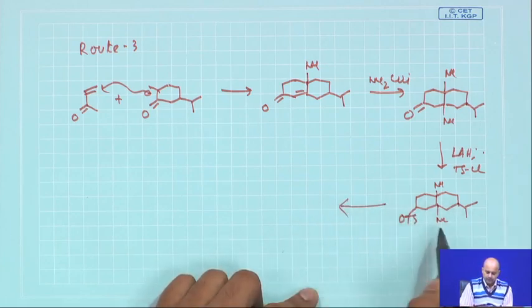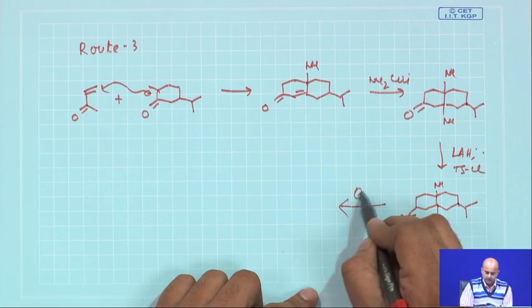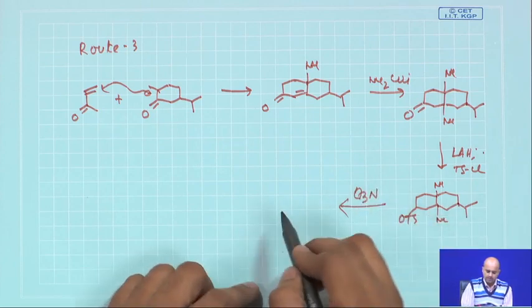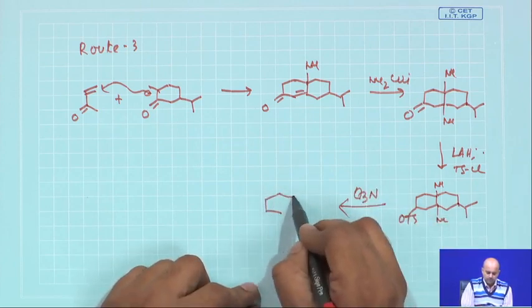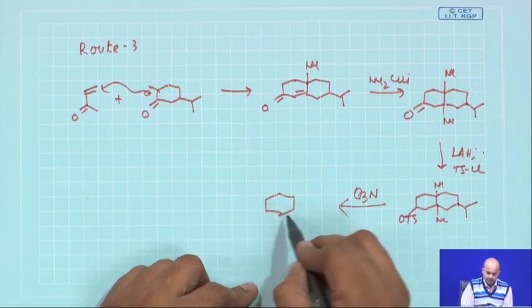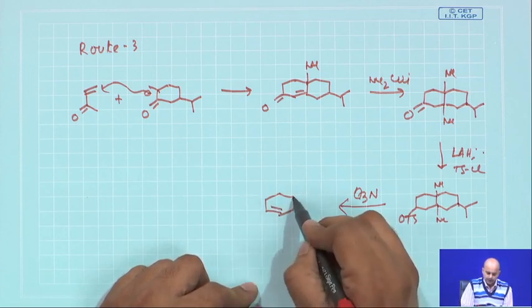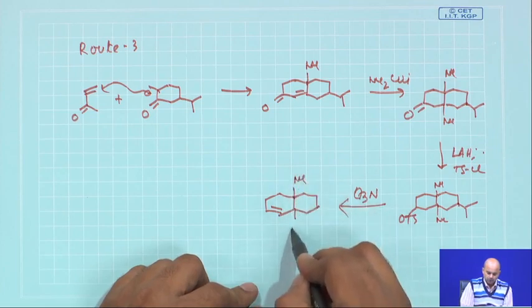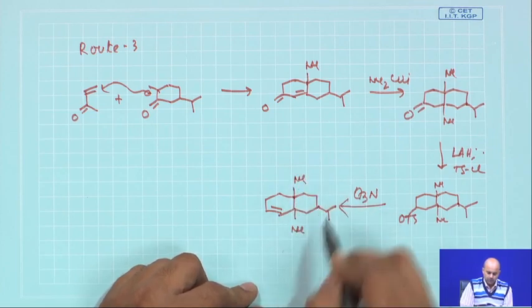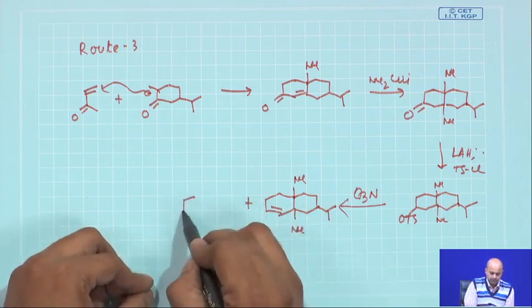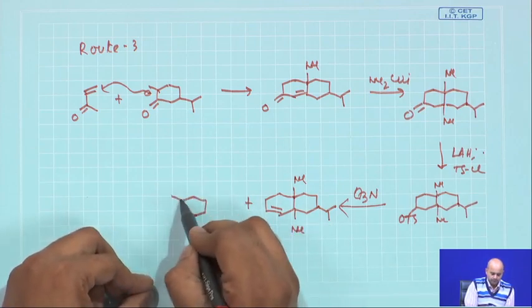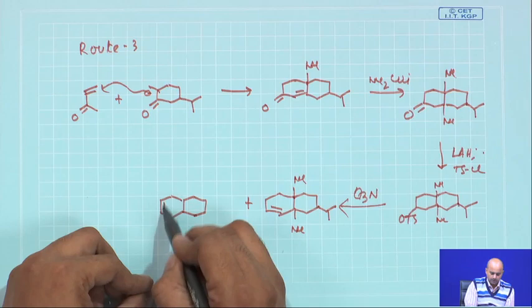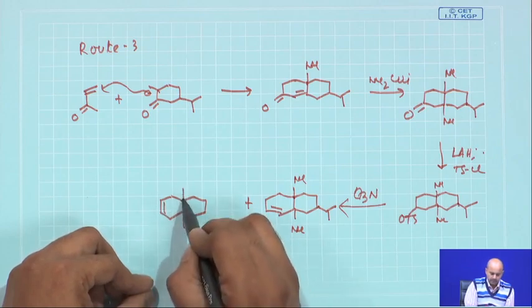This compound is a tosylate and you heat it with triethylamine. Simple 1,2 elimination takes place and you expect the formation of 2 regioisomeric products, this one as well as this one.